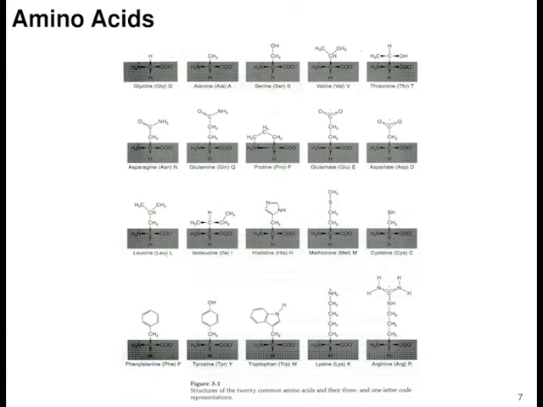Look at the last carbon atom and the most electronegative atom. If it's on the right, it's D. But here, your electronegative N atom is on the left, so it's an L amino acid. I always try to remember the D, then I know amino acids are opposite.